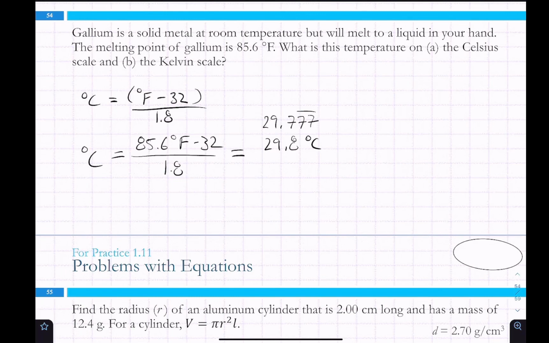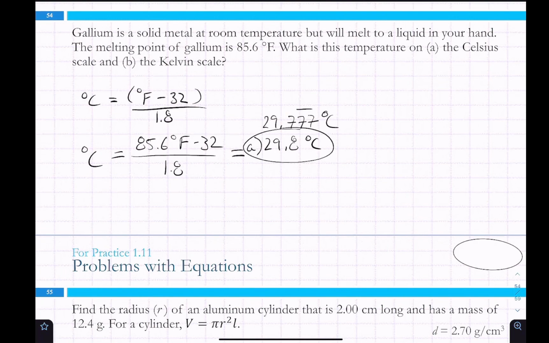The 32 and the 1.8 are integral to the formula, part of the formula, so those are exact. The reason that I wanted to write this in here is that this is the number you would report. You'd say A is this. Going on to the next step, you should use the 29.777 repeating.